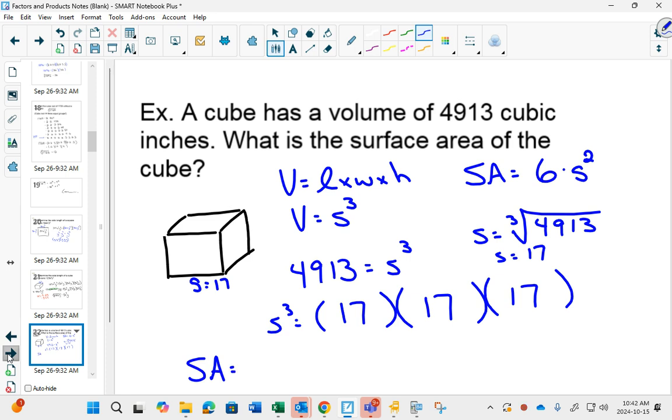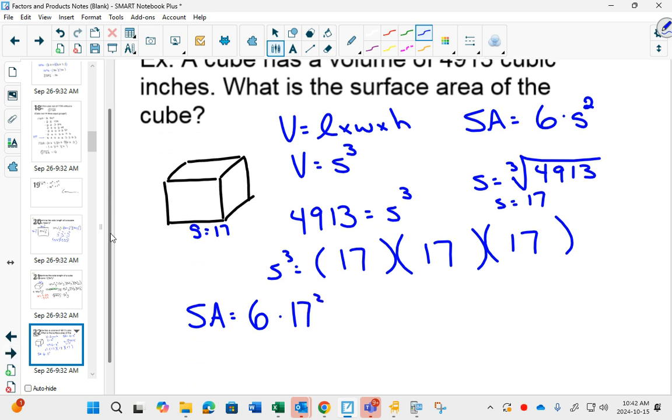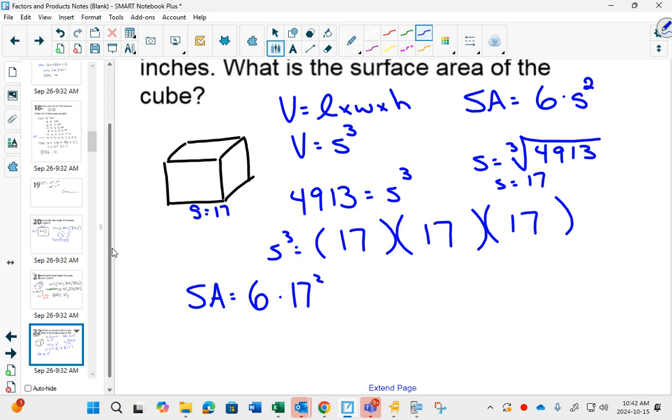Now that we know S is 17, we can figure out our surface area. It's going to be 6 times 17 squared, which, again, you probably need your calculator for. I don't know.